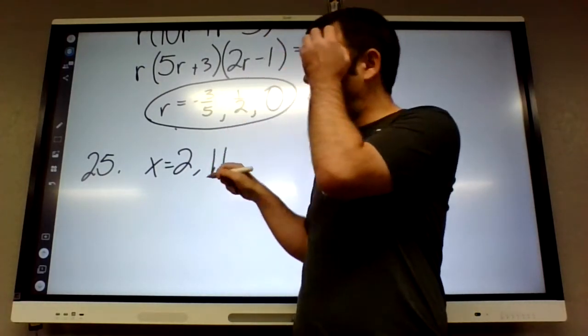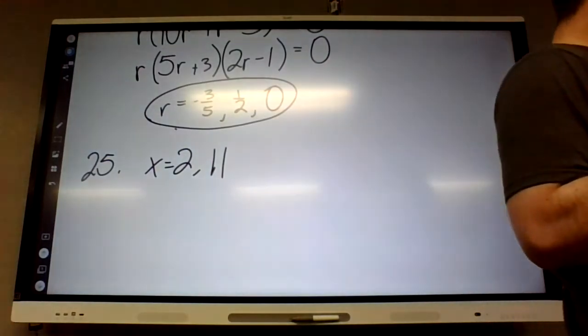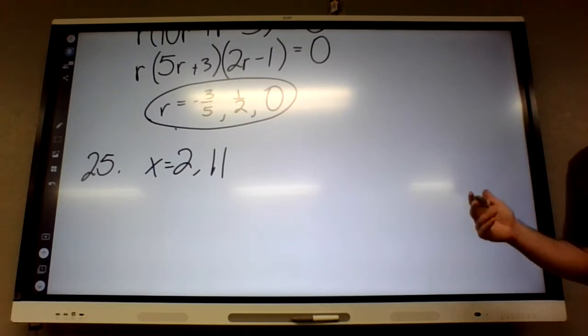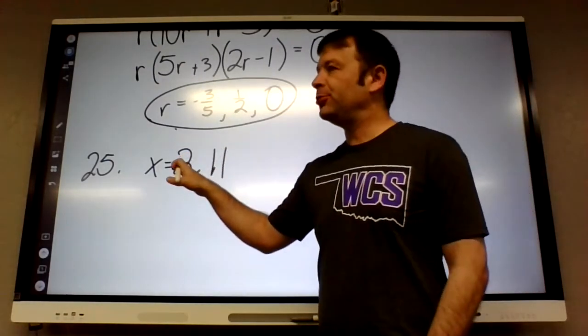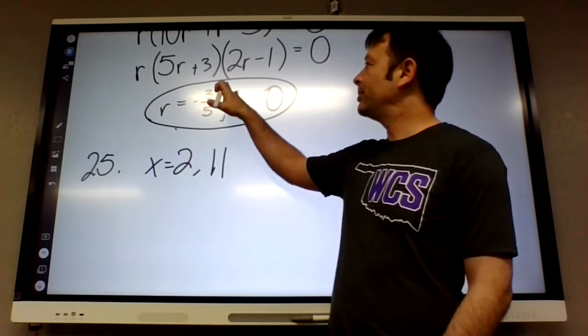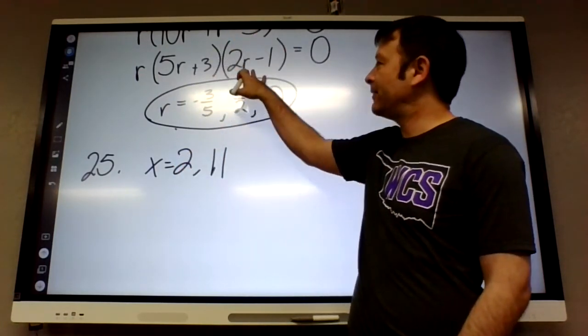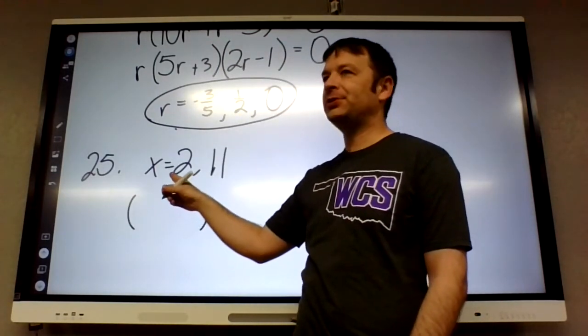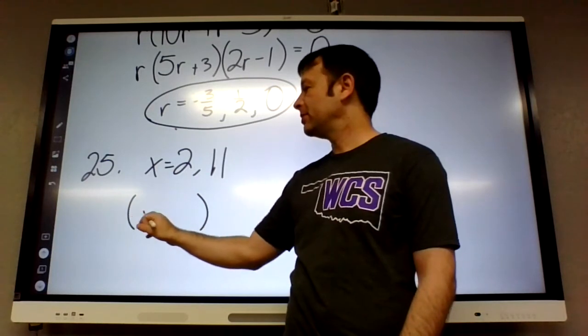What's happening here is they're telling us the answers are 2 and 11, and they want us to work backwards to find the equation that has an answer of 2 and 11. So if 2 is an answer, what must one of the factors be?